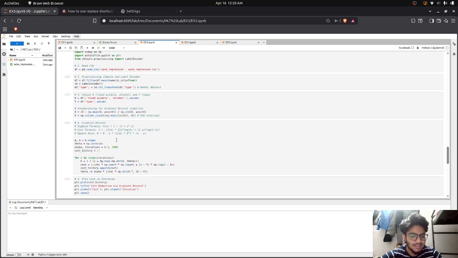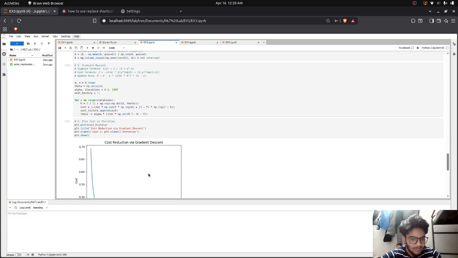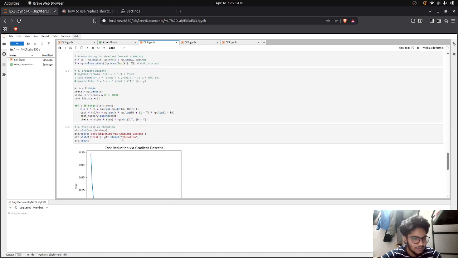In this case, we classify wine as red wine or white wine. We encode the data, select features like fixed acidity and alcohol, normalize the data, and visualize it.